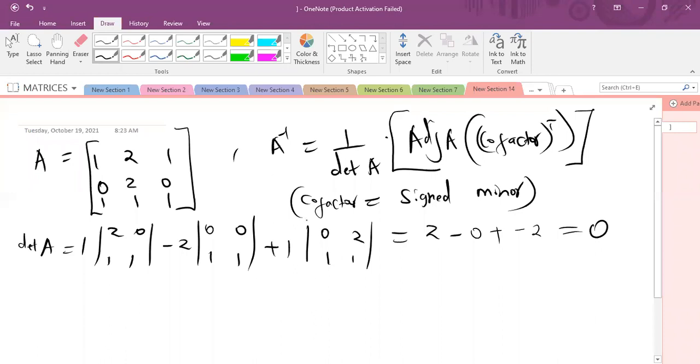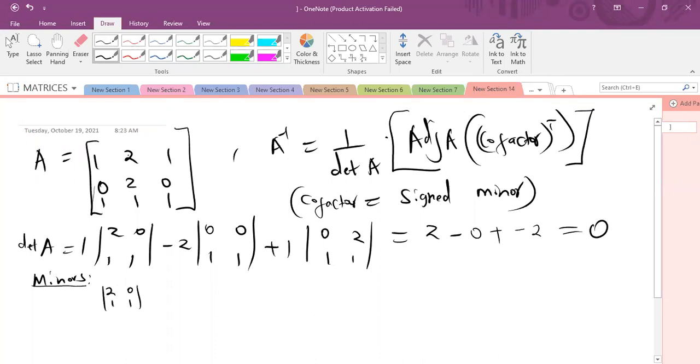But let's just say we wanted to get the minors, in order for me to show you guys. How do we get minors and sign them? In order for us to get minors, for each position, we will delete and remain with a small matrix. For position 1, delete the row and column in which 1 lies. I will remain with the matrix 2, 0, 1, 1.